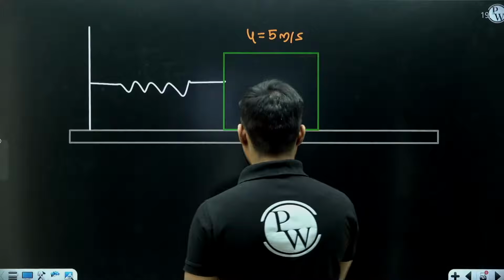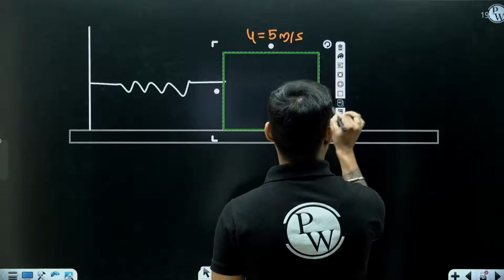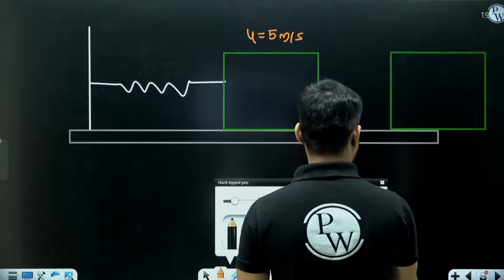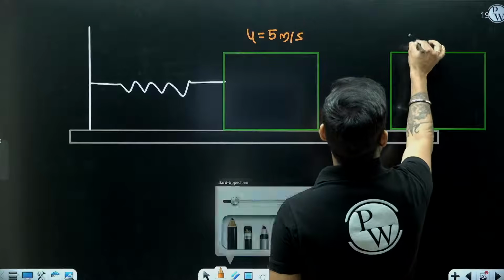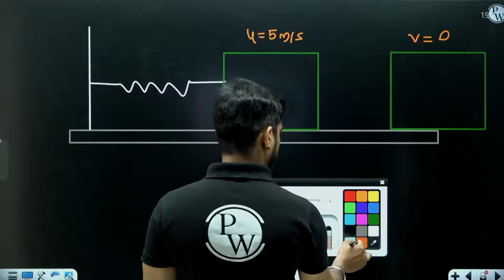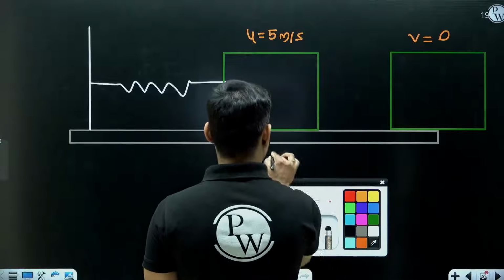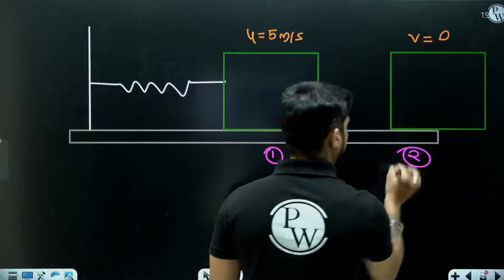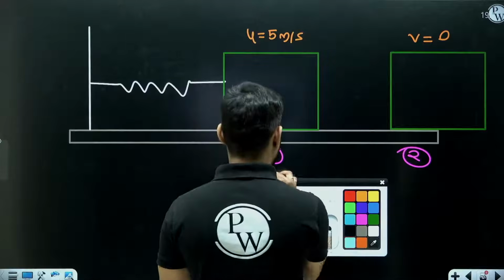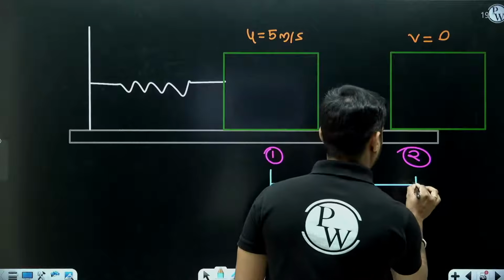Now this block moves, let's say, by x distance when the velocity becomes 0. Okay, so this is the initial state and this is the final state. Okay, let's say this distance is x meter.